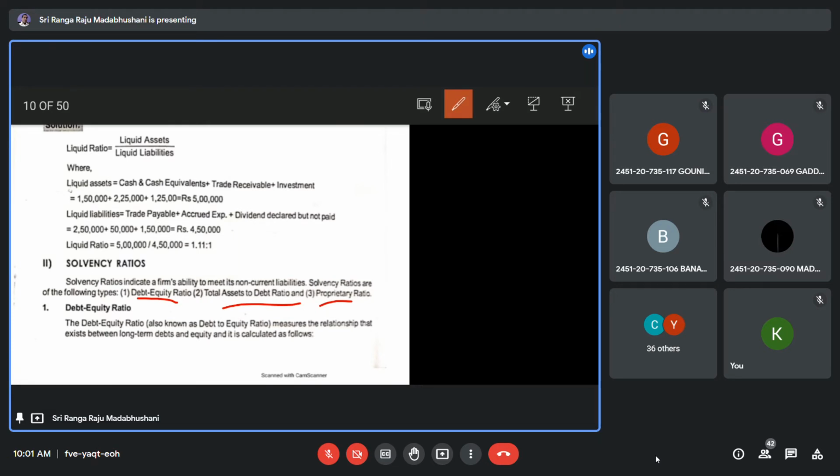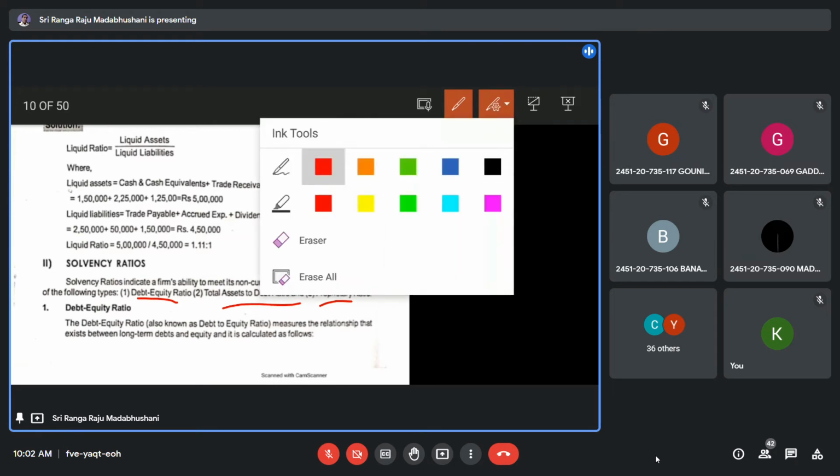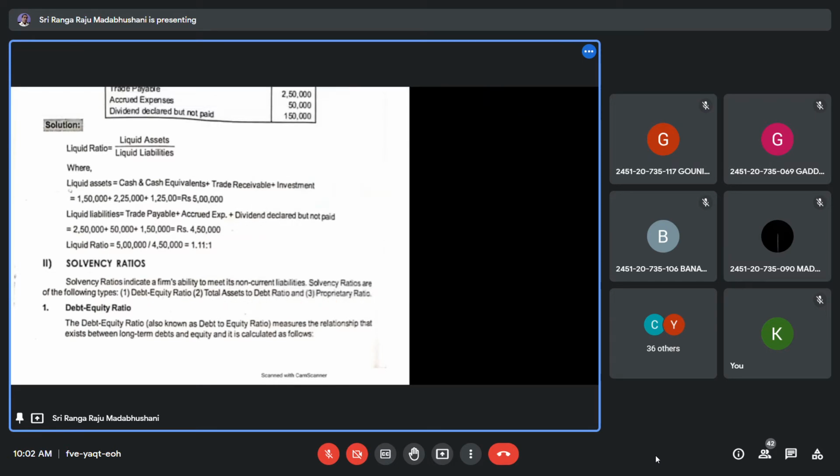The debt to equity ratio is the relationship between debt and equity. Debt here means long-term debt, and equity means the owner's investment.